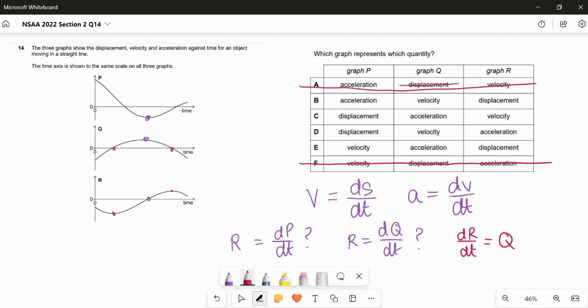And then we said R could possibly be the derivative of P. So if we look at this, we have that P has a negative gradient to begin with, so that makes sense. And then possibly a straight line region where its derivative would be the lowest, or like the maximum negative term.